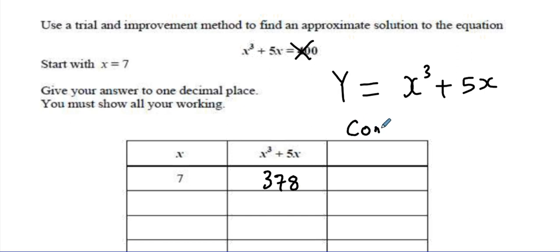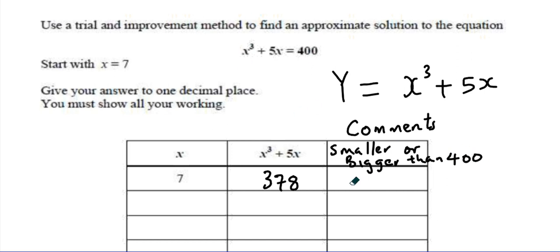These will be our comments. Let us use smaller or bigger than 400 as our comments.